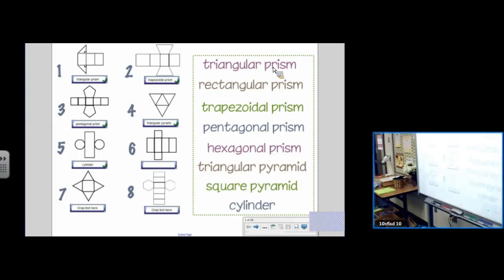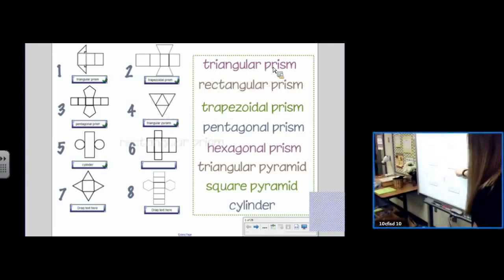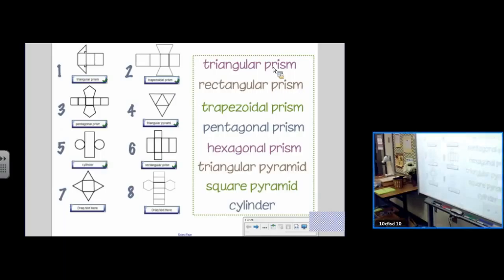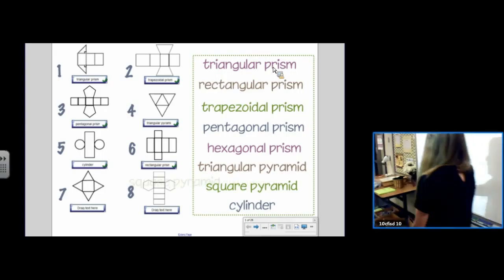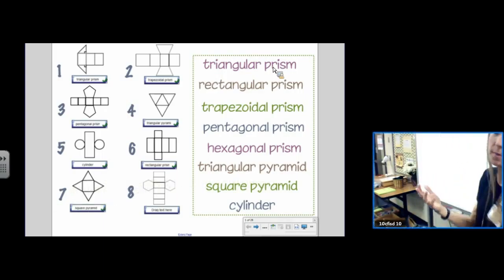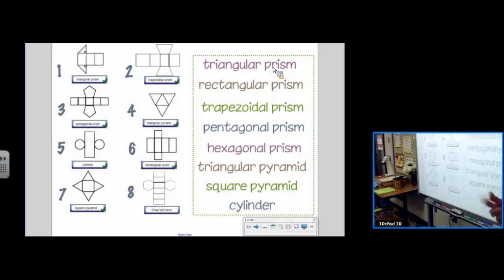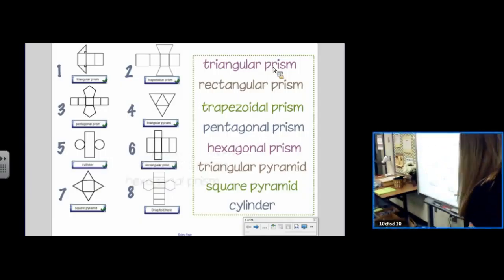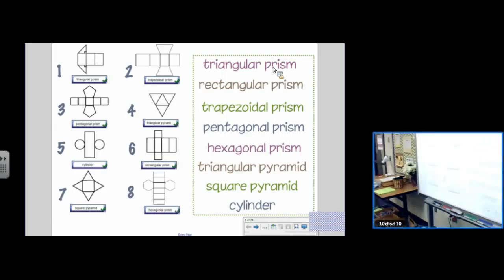The next one, of course, is a rectangular prism. What's number seven called? Square pyramid, yes. Maybe it's a rectangular pyramid. We'd have to see some tick marks to know for sure. And that last one, 6 sides, 6 rectangles, hexagonal prism.